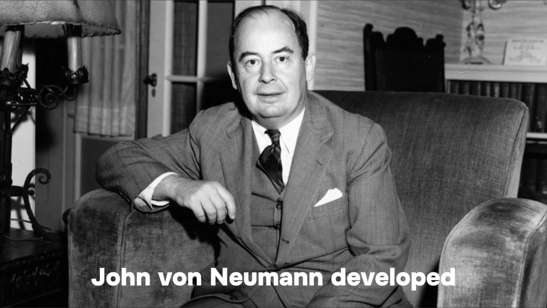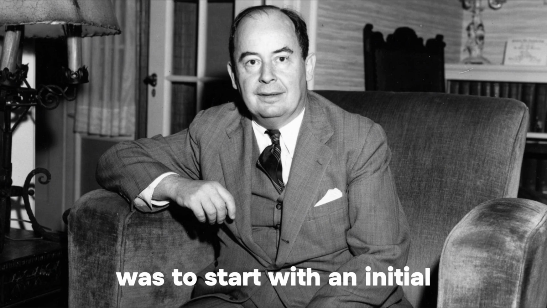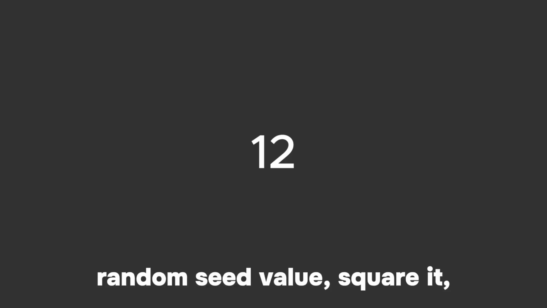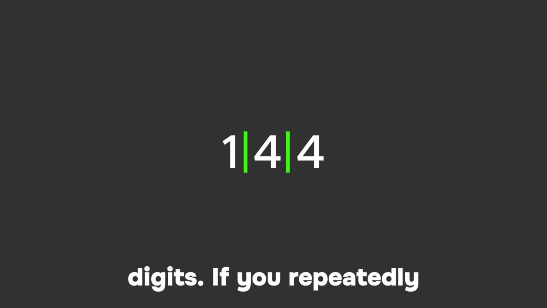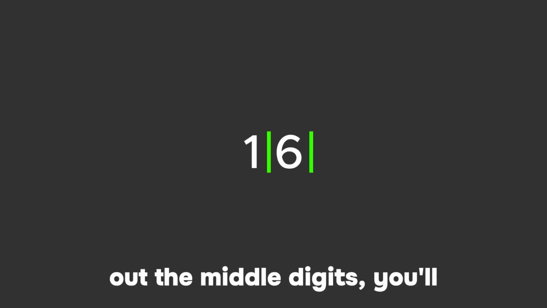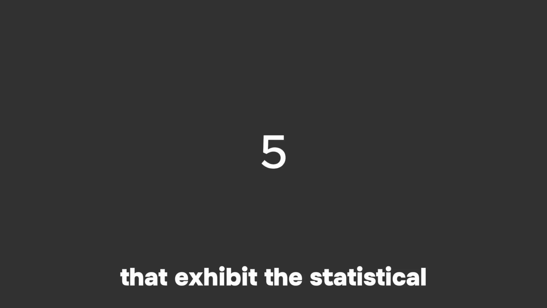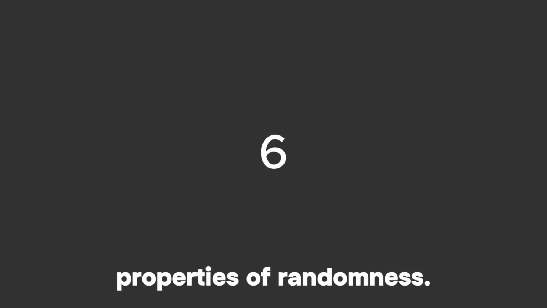John von Neumann developed a PRNG around 1946. His idea was to start with an initial random seed value, square it, and slice out the middle digits. If you repeatedly square the result and slice out the middle digits, you will have a sequence of numbers that exhibit the statistical properties of randomness.